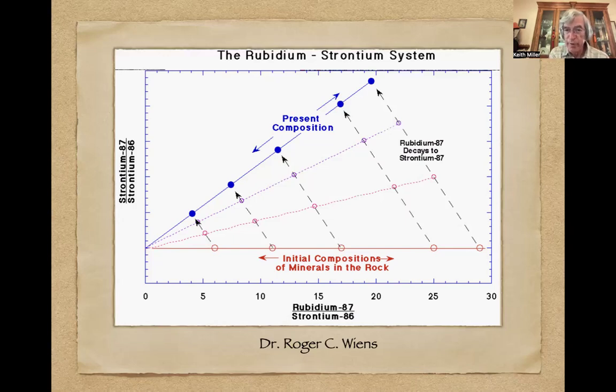So that rubidium 87 number gets smaller, so the ratio of rubidium 87 to strontium 86 goes down. So the line goes to the left. And the amount of strontium 87 goes up by the same amount.